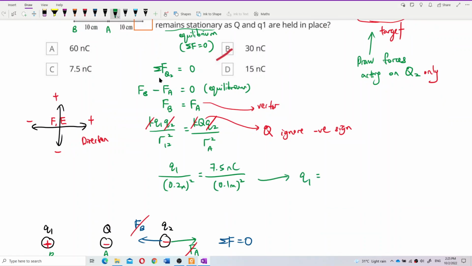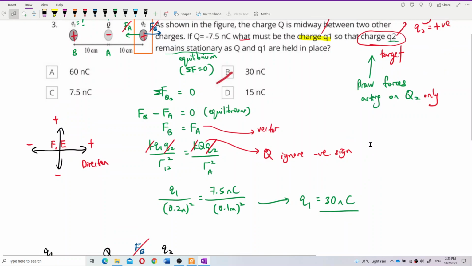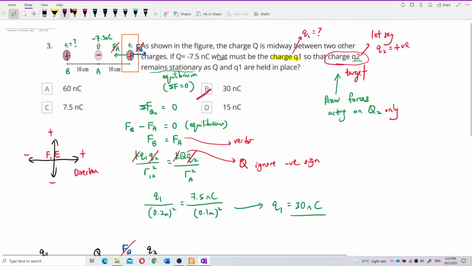Let's calculate. 7.5 divided by 0.1 square, and then multiplied by 0.2 square. What is the answer? 30 nanocoulomb. Is that correct? Yes, that's the answer, 30 nanocoulomb.